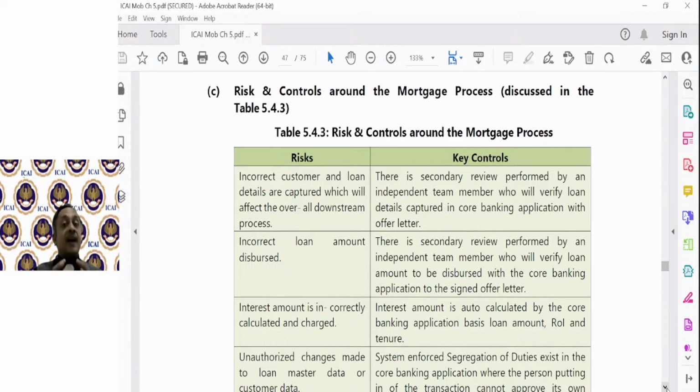Now, how does it happen? If you read first and second together, if first there is a secondary check, that means the customer's details have been correctly fed in the system and correctly checked and validated. The loan amount also has been checked. So once the correct loan amount is fed in the customer database, customer requirement sheet, if after that an incorrect loan amount is disbursed, that means there's a big flaw in the system.